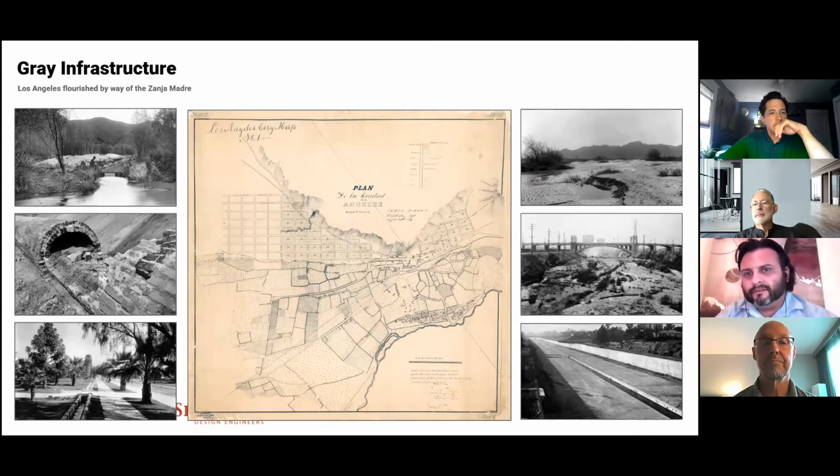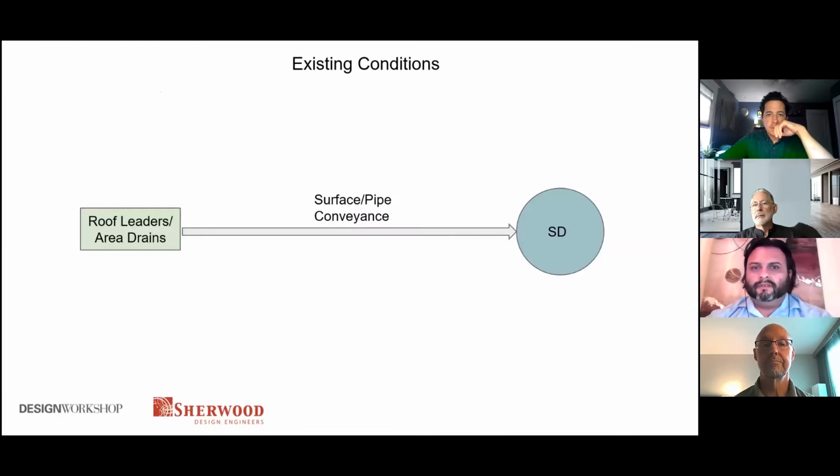However, it was all redirecting the water to surface conveyance, and from there began a very gray approach to infrastructure with the city, directing roof water directly into storm drain pipes with basically no treatment.